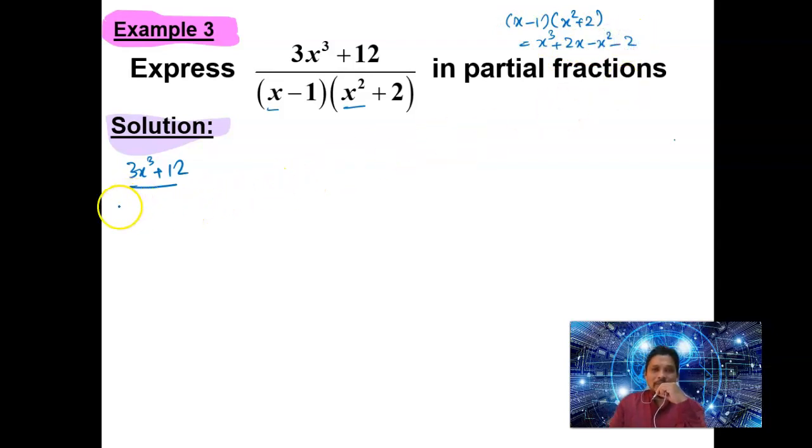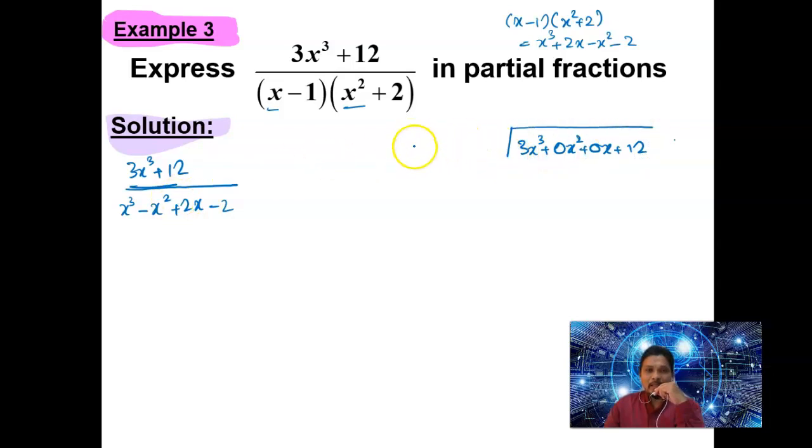Okay, so this one here now comes out with x cubed minus x squared plus 2x minus 2. Okay, so now guys, girls, let's change this into the proper fraction first by using long division. 3x cubed plus 0x squared plus 0x plus 12 divided by x cubed minus x squared plus 2x minus 2.